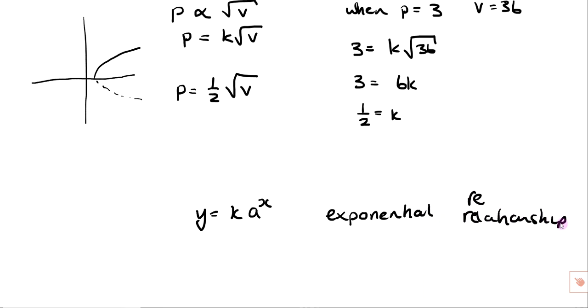When the exponent is a variable, it's exponential. But when the exponent is a known number, it's quadratic. You'll notice that it's a relationship based on a base of 2, but we've still got this constant of proportionality.